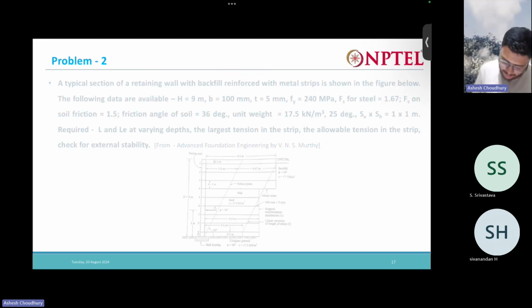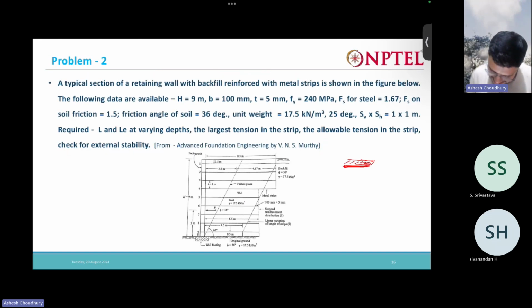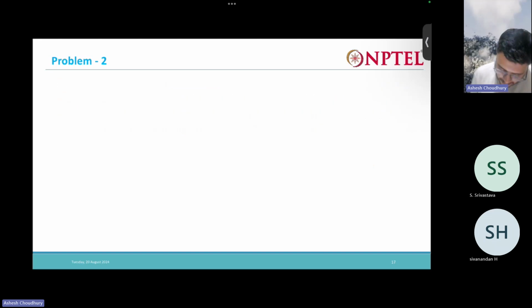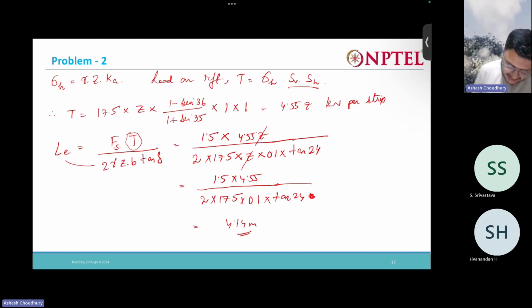Now let us see. If you see the image, you can see 9 layers of steel strips are used. Okay, 9 layers of steel strips are given. Now what is the tension or the load that is coming on each strip?